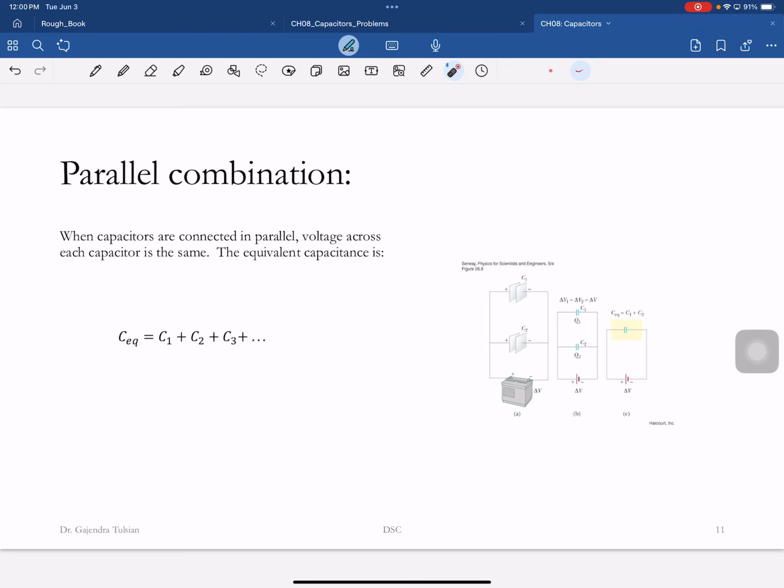If you want larger capacitance, you just connect them in parallel. When you connect them in parallel, the effective capacitance is just the sum of the capacitors. In one example, you have a whole bunch of capacitors connected in parallel. Each of them stores energy, and they're all fired at the same time.